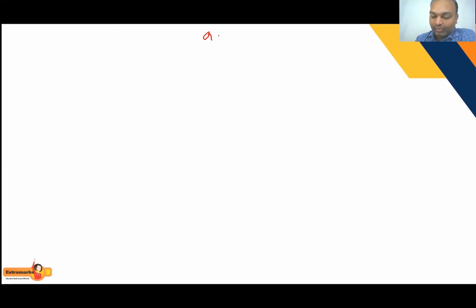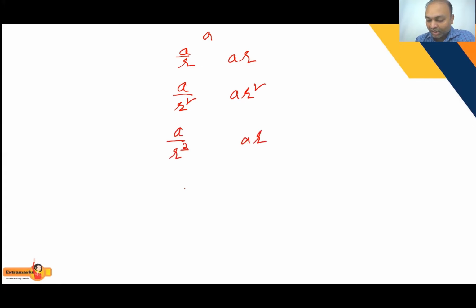That is A by R. Here I am writing A by R. On the right side, multiplication operation, A into R. Again divide with R on the left side, A by R square. Here multiply with R on the right side, A R square. Next here A by R cube. Here A R cube, and so on.